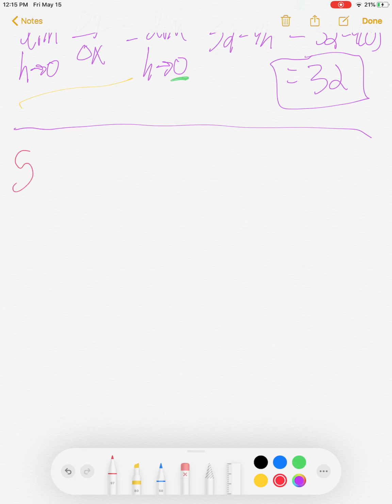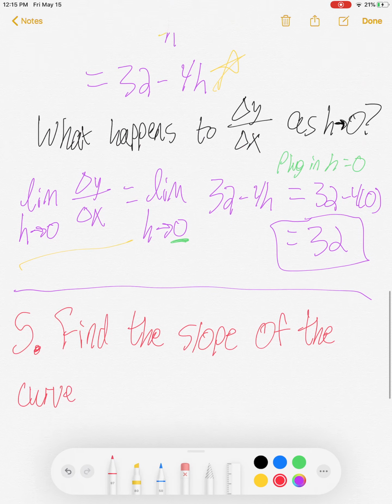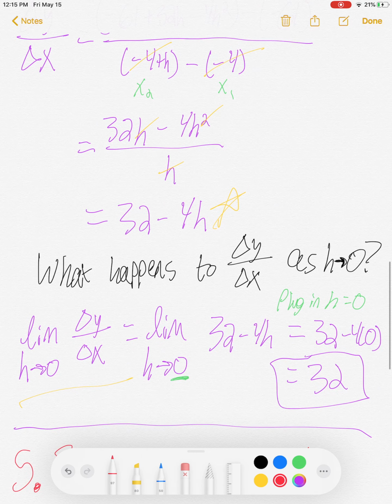Next up on the docket, so these first two problems were actually recommended by Mackenzie, so shout out to Mackenzie. Problem 5 is going to be similar, but it's always good to practice when we're doing a new skill. Find the slope of the curve. Oh, I should mention, let me write this first. So the second part of problem 4 asks you to, so I'll make a note of it here.